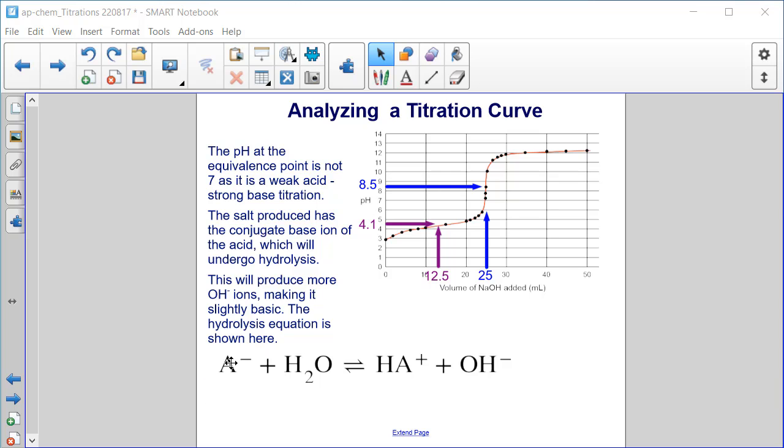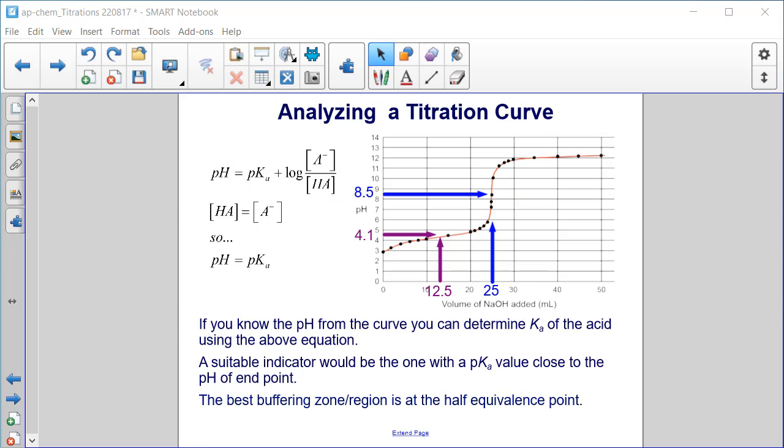So here's what the hydrolysis looks like. We have the conjugate base of the weak acid present in the solution at the equivalence point. In water, it produces the weak acid and excess hydroxide ions, and there's an equilibrium established here that we can use in order to calculate the pH at the equivalence point if necessary. We did that in the previous section.